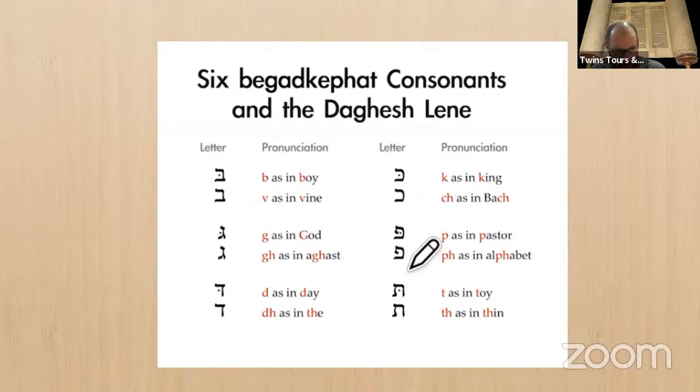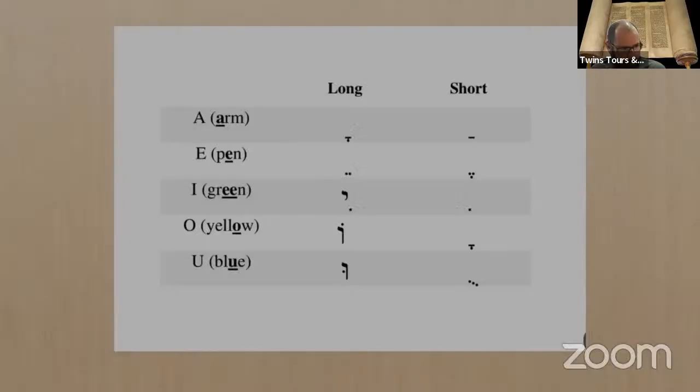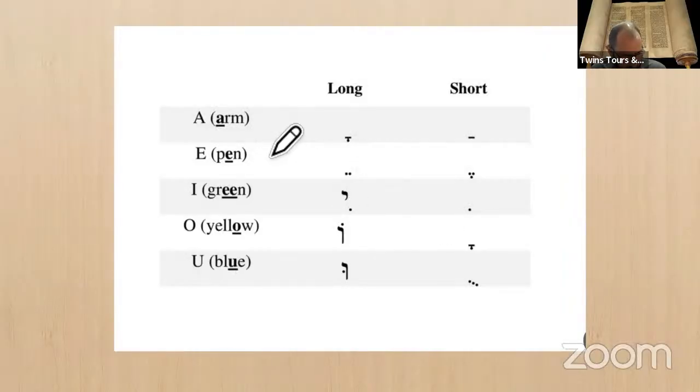And the Tav with a dot, the Gesh, is like toy, and without a dot it's pronounced like a thin Ve. And we learned all about the vowels: the A, the E, the O, and the U.